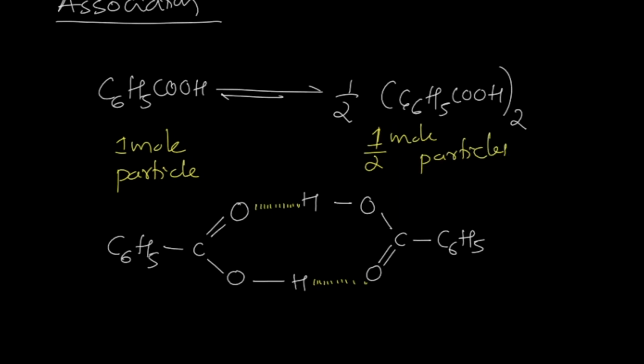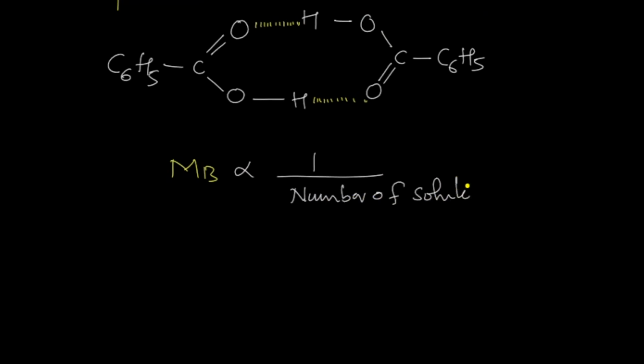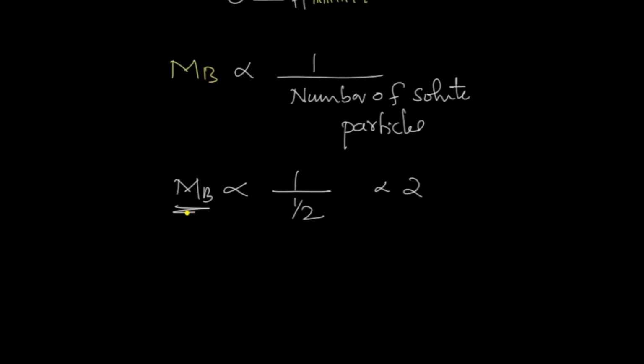As I mentioned, MB is inversely proportional to the number of solute particles. So MB is inversely proportional to 1 divided by 2, because the number of particles changed due to dimerization, and therefore we get 2. This means the molecular mass you calculate from the osmotic pressure is 2 times the theoretical value.